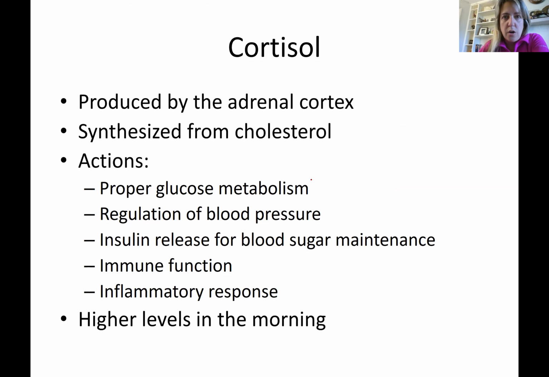I am going to draw the release of cortisol.